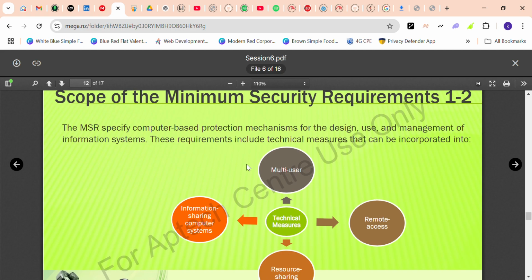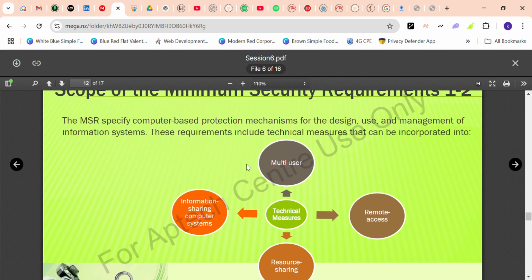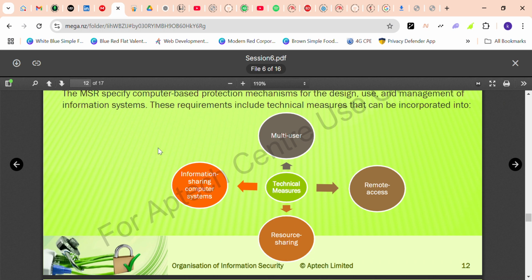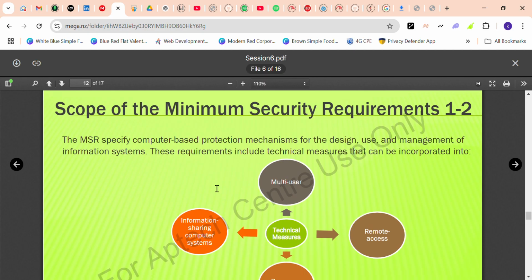These are the scope of the minimum security requirement. This has to be implemented where more than one user will use the information system, and also for remote access, resource sharing, and information sharing computer systems.